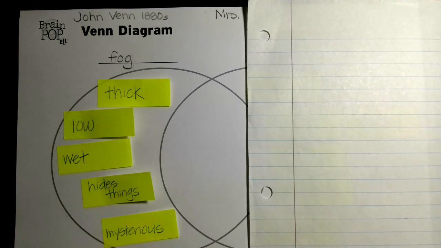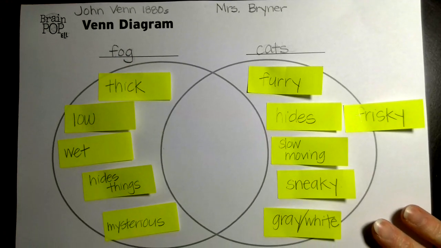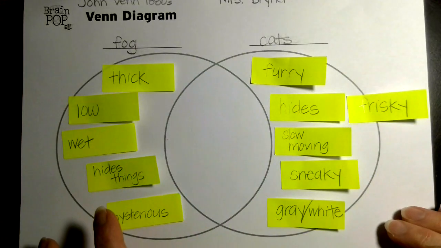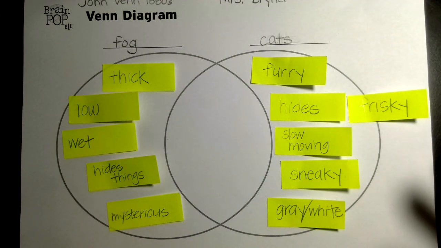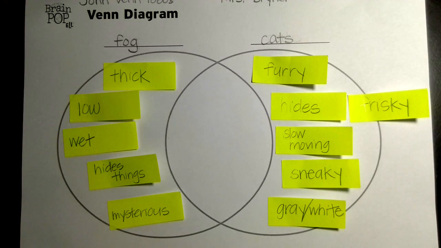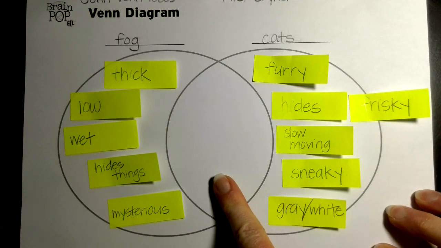Now, we've talked about words that describe fog. We've talked about words that describe cats. Now we're going to look at these words and see if any of these words could tell about both fog and cats. And those things we're going to move into the middle.